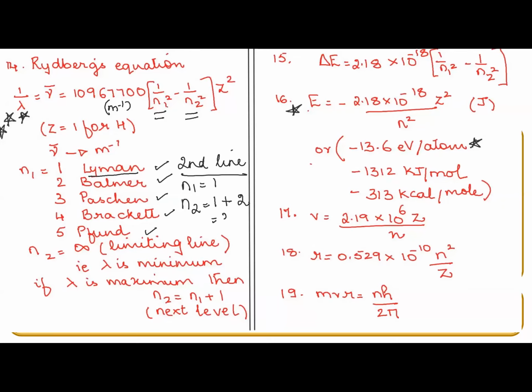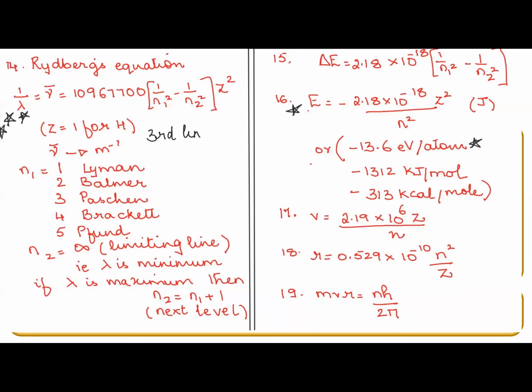So the answer is 3. So you substitute n1 as 1 and you substitute n2 as 3. You're understanding, children, what I'm saying? So if we say, for example, you're all very silent today, maybe you can answer this. If we say third line in Paschen, can you tell me what is n1 and n2 for the third line in Paschen?